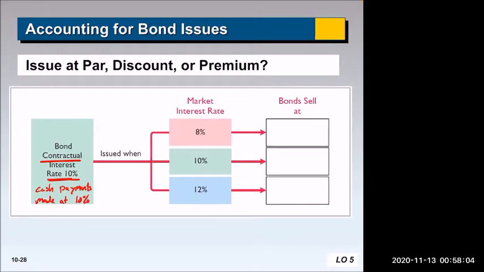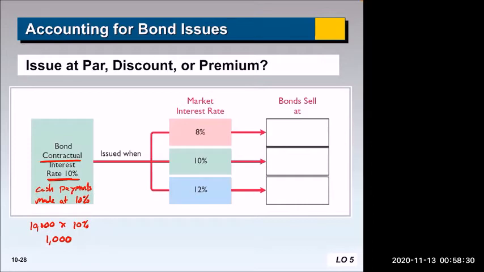I have investors that are buying my bond, and I'm going to pay them 10%. So if I had $10,000 of bonds times 10%, I'm going to be paying them $1,000, let's say, per year. That's the cash payment I'm going to be making to my investors.